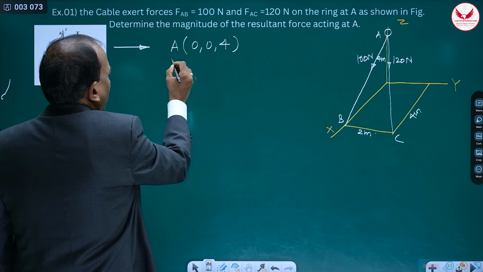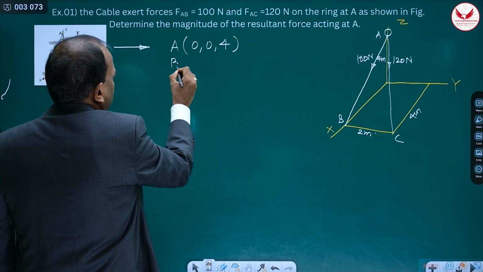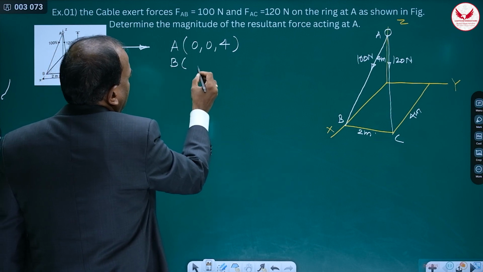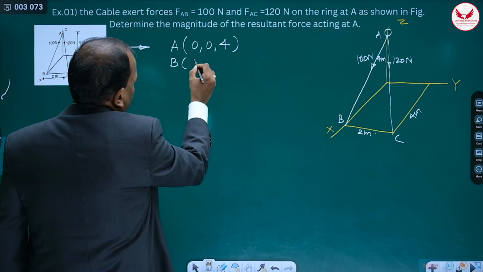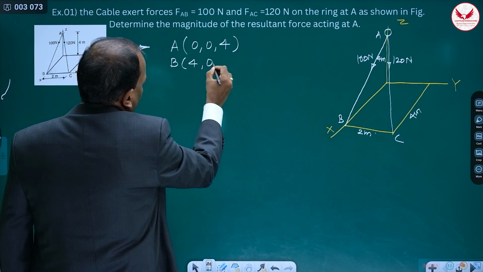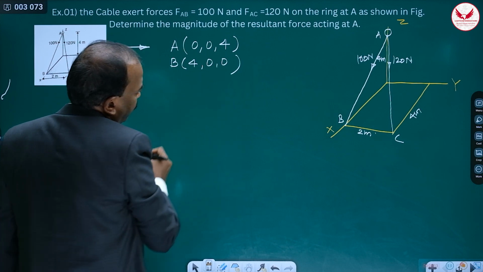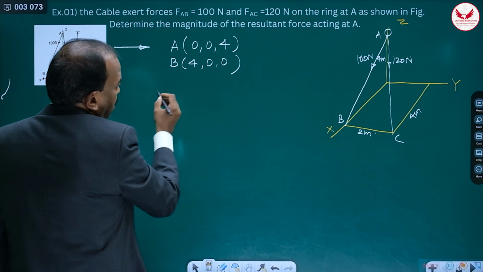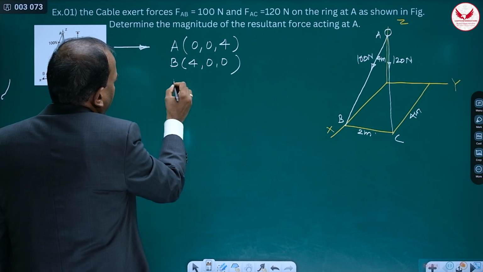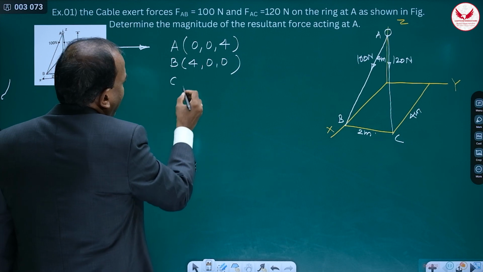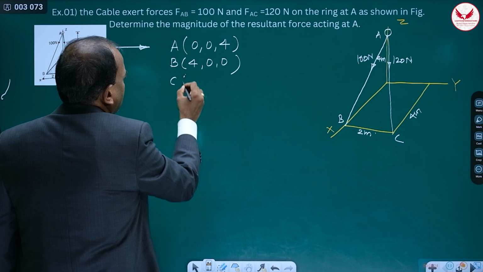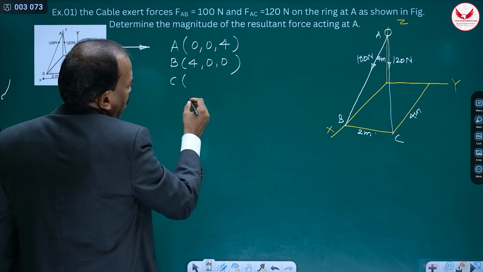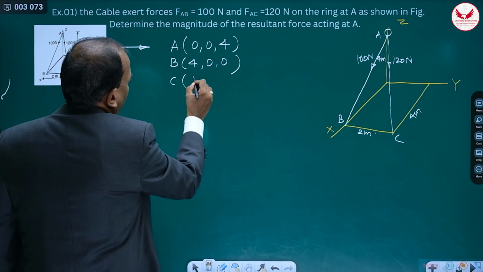Then what are the coordinates of B? B is on the x-axis. Then in the x direction, this distance is 4. So x coordinate is going to be 4, y coordinate is 0, z coordinate is 0. Then C is in the xy plane, means it will have two coordinates. In the direction of x, the coordinate of C is going to be 4.